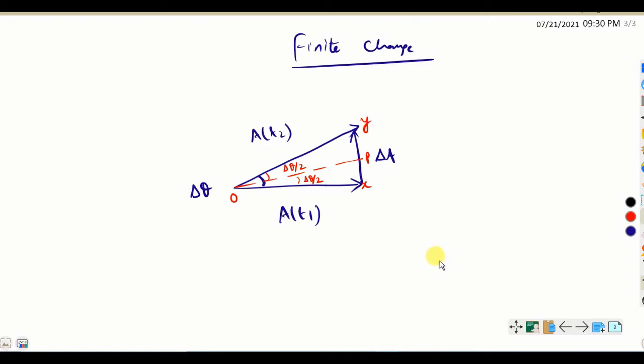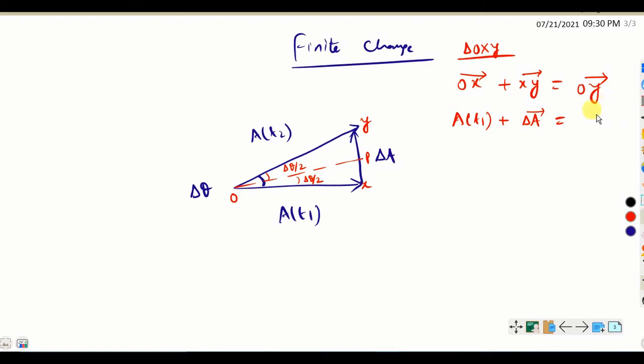And you may ask how we can make an interesting result. You see, in the big triangle OXY, if I go along OX, then the XY vector gives me the OY vector. OX is A1 plus XY is delta A, and this is equal to OY, which will be A2.